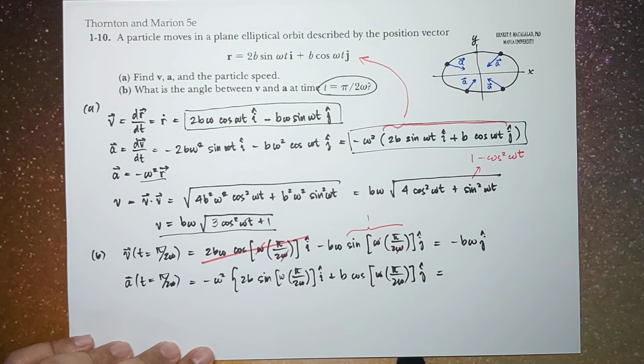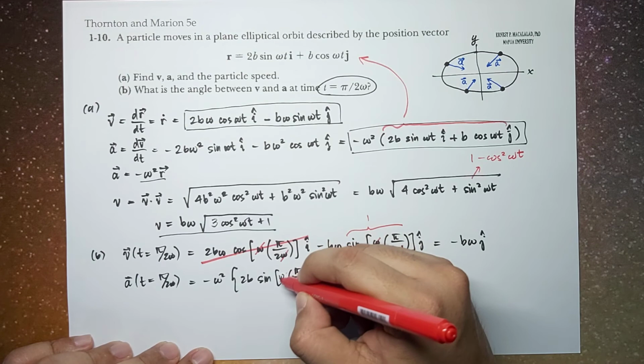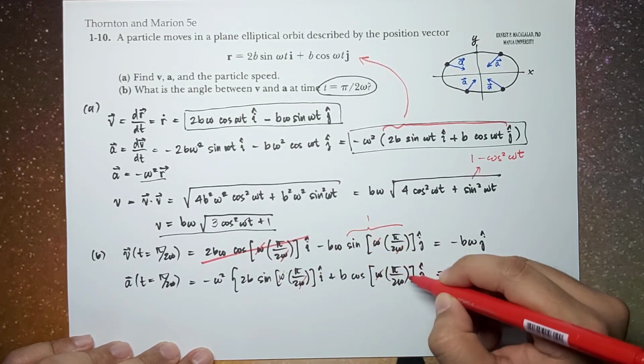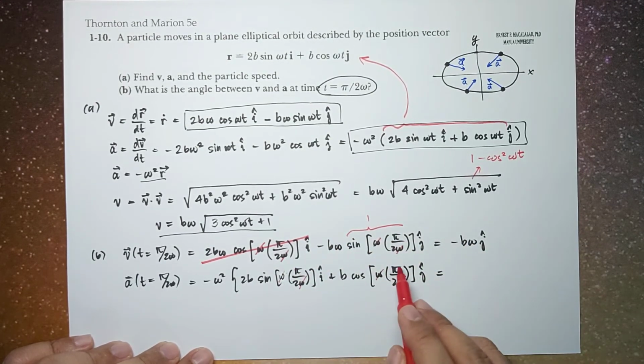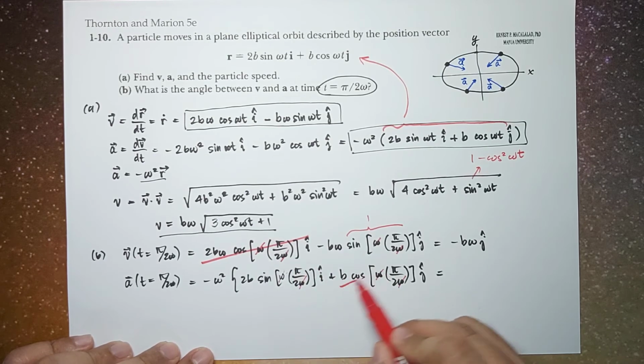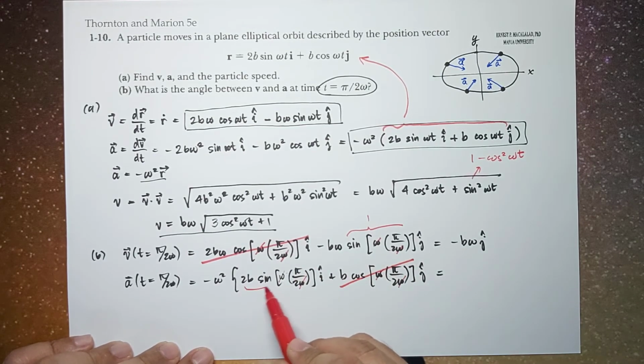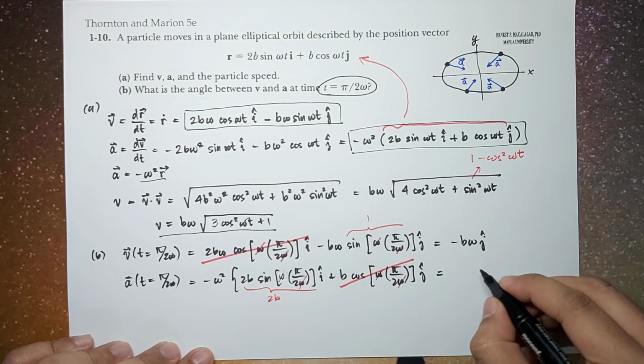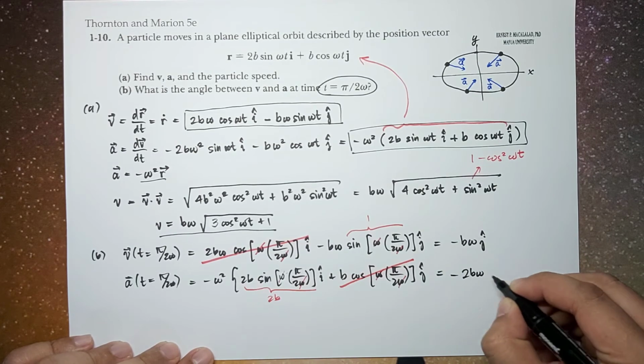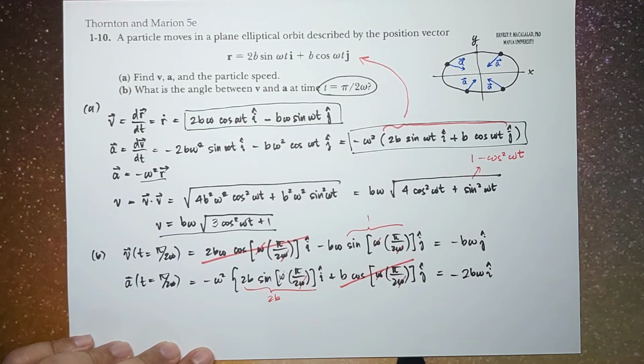Similarly, omega will cancel, and this becomes cosine pi over 2, which will be equal to 0, and this one will be equal to 2b. So that means this will now be equal to negative 2b omega squared i hat.